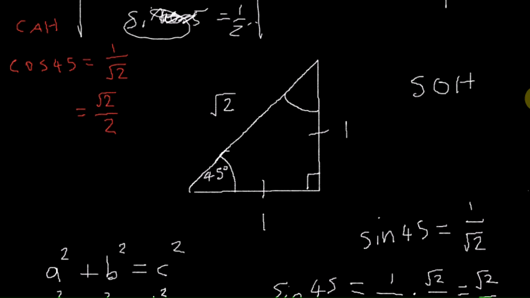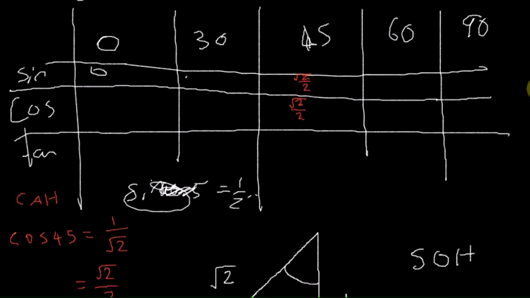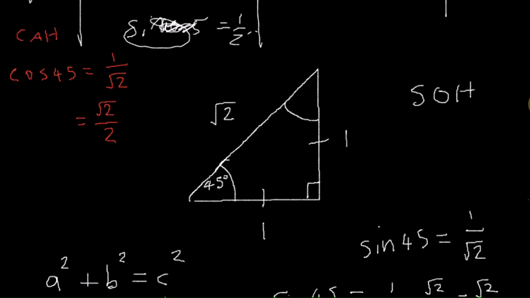Okay, and let's do the tan. Let's have the colour. So tan 45 equals TOA. I'm not at the stage where I can remember these off by heart.